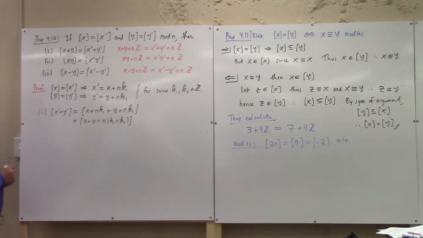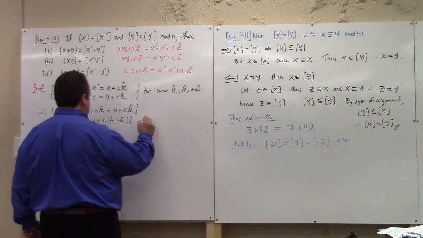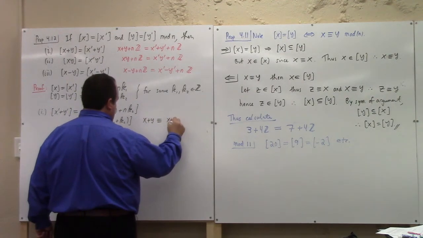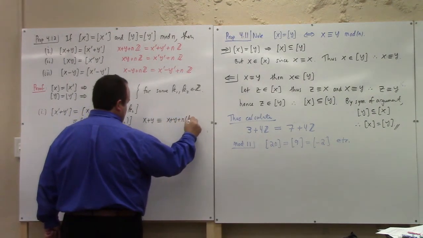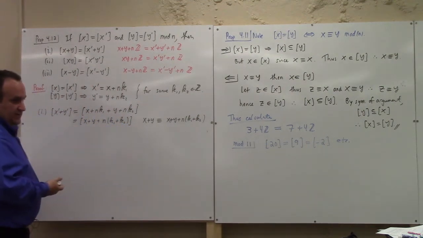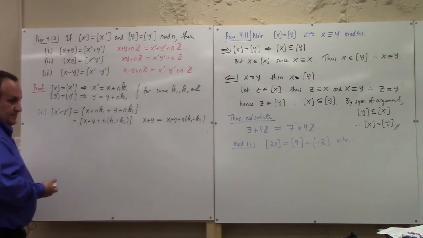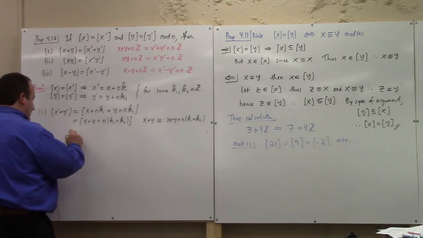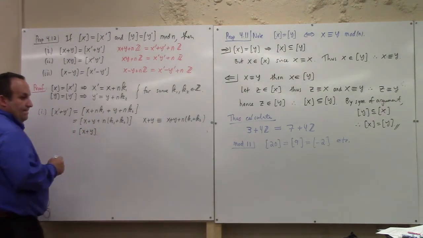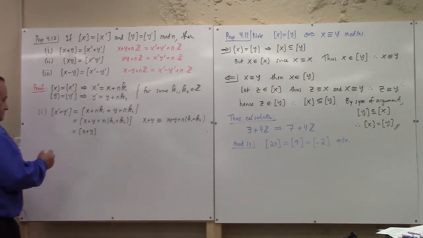K1 plus k2 is some k. You can definitely see that x plus y is congruent to x plus y plus n times k1 plus k2, right? That's true. Therefore, this is equal to [x plus y] by the previous proposition. That's 1.